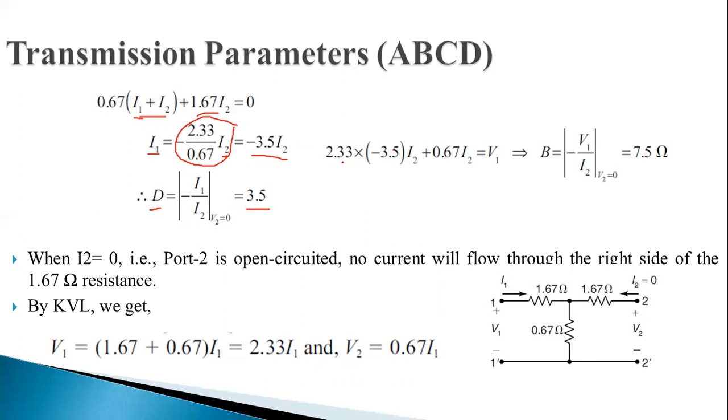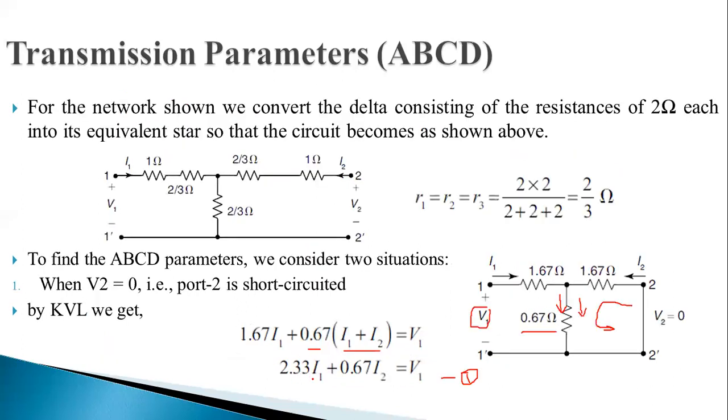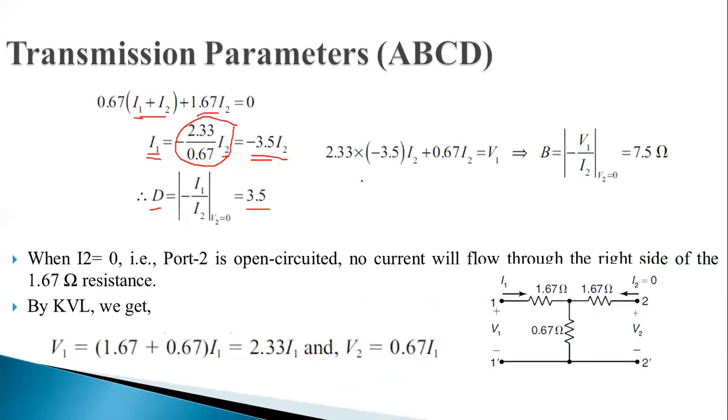We have the 2.33. Now we are going to put the value of I1, that is minus 3.5, in equation number 1. So that is this 2.33 I1. Whenever I put these values over here, I will get the new equation with respect to V1 and I2.